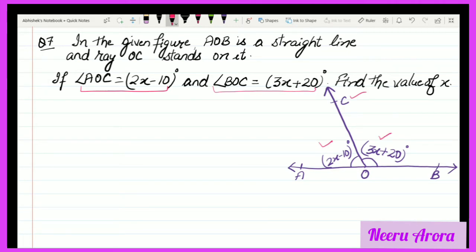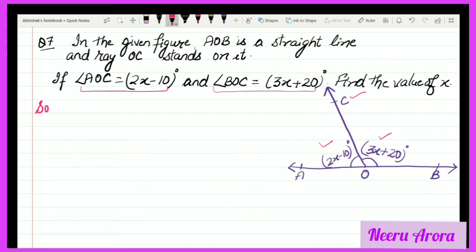When we have two adjacent angles on a straight line, their sum is 180 degrees. We know that two adjacent angles on a straight line have their sum as 180 degrees. There is also the concept of a linear pair. Two adjacent angles are said to form a linear pair if they are on a straight line.